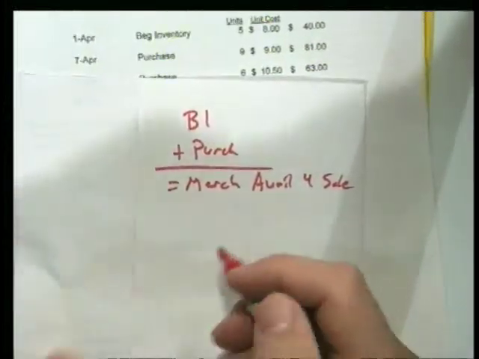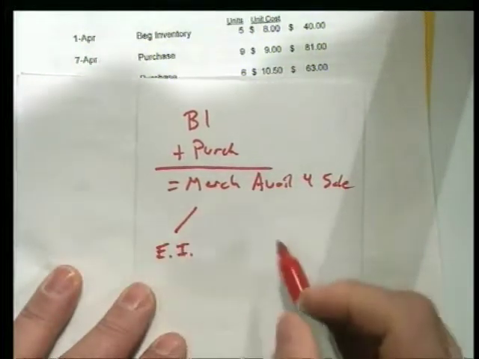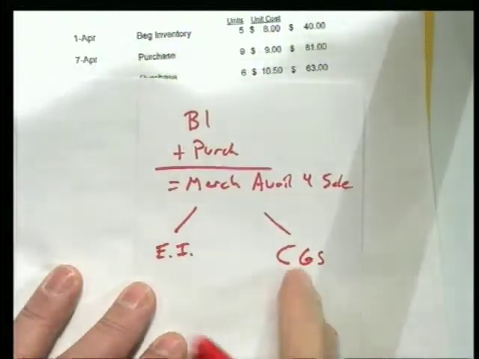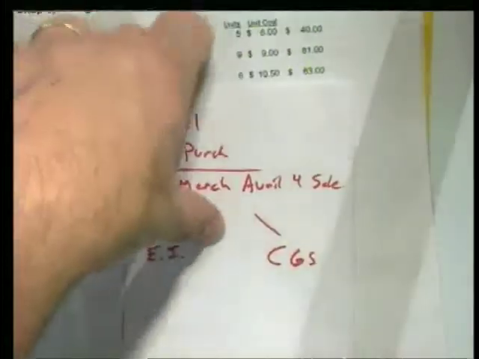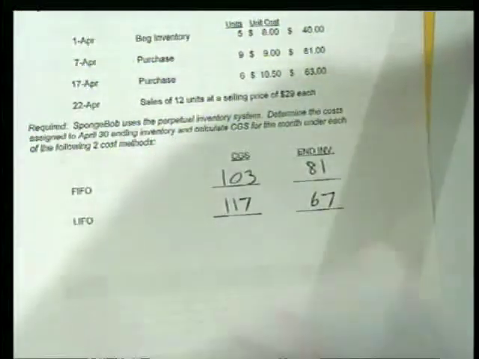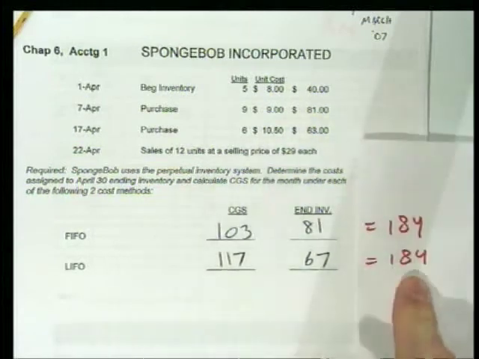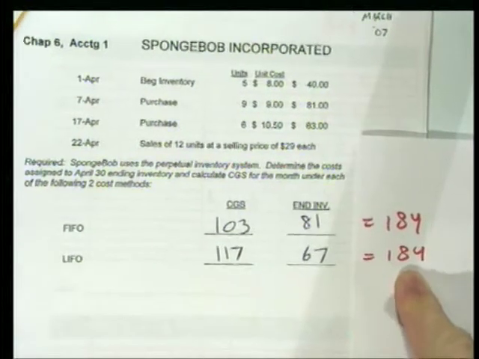Well, it either becomes ending inventory or it becomes cost of goods sold. But either way you divide those up, they're going to add up to the same number. So on SpongeBob, when these added up to 184, that's actually the merchandise available for sale number, 184, for that period.